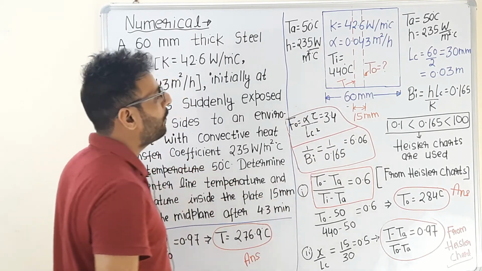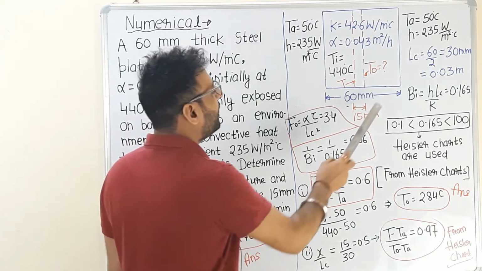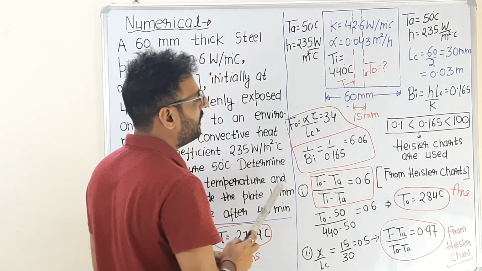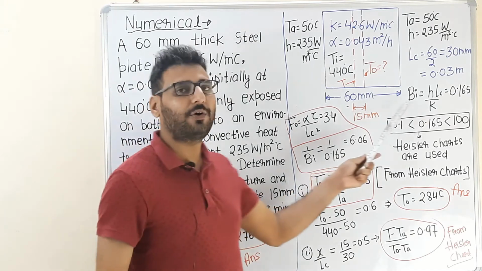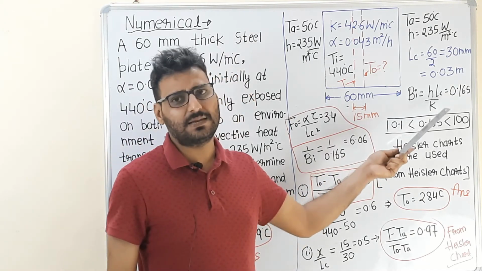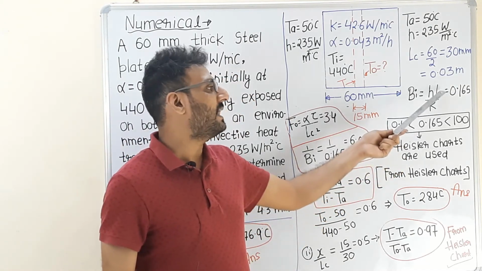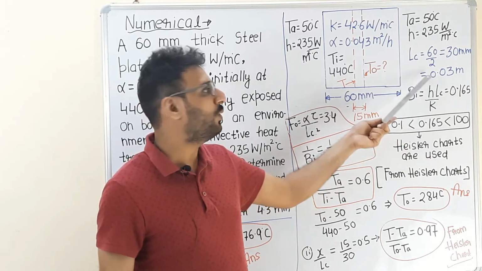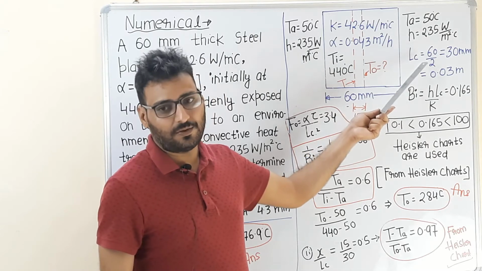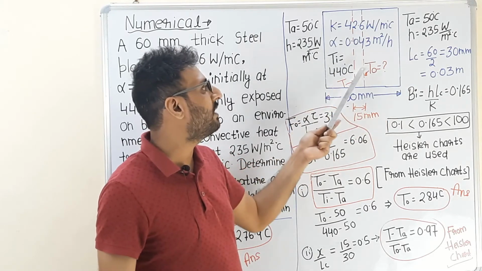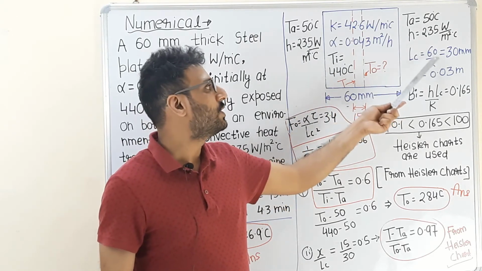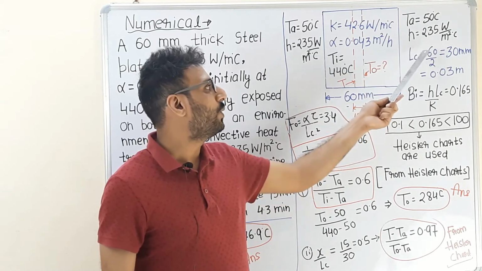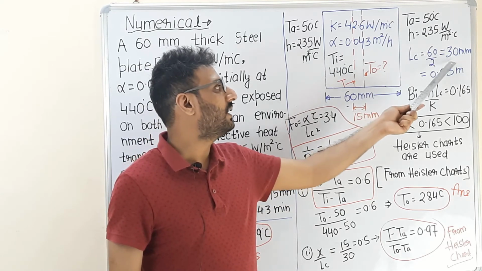Now first of all we need to determine the value of Biot number. As we already know, Biot number is given by h LC by k. Here LC is characteristic length. As we already know, the characteristic length for a flat plate is half of the thickness. So thickness is 60, so characteristic length is 30 mm.